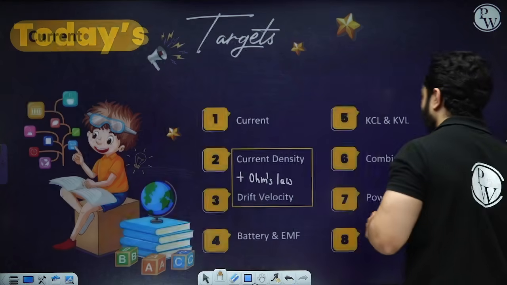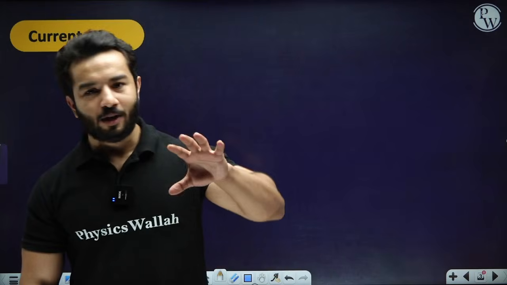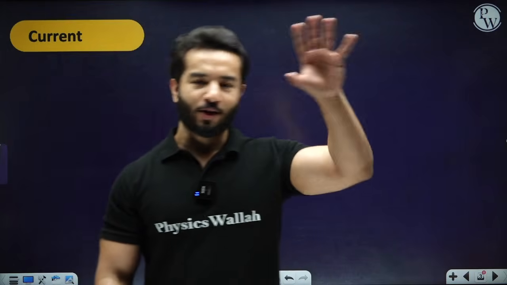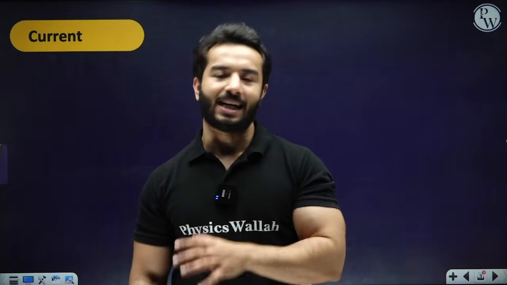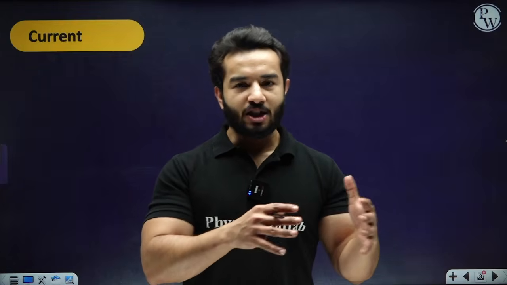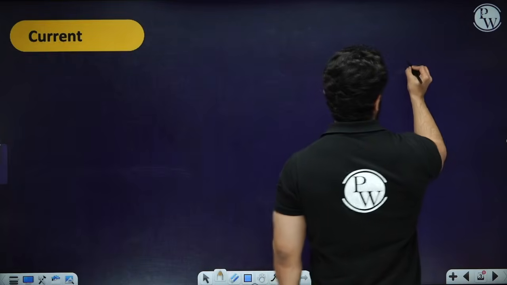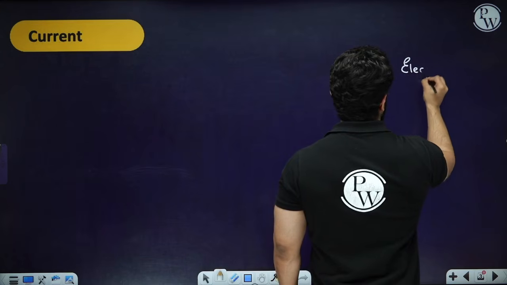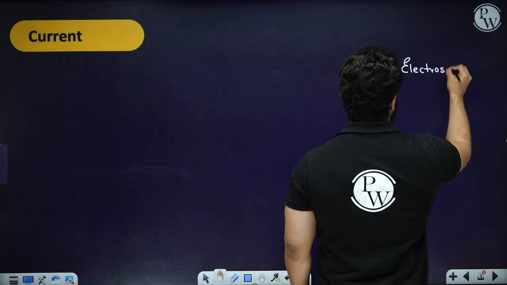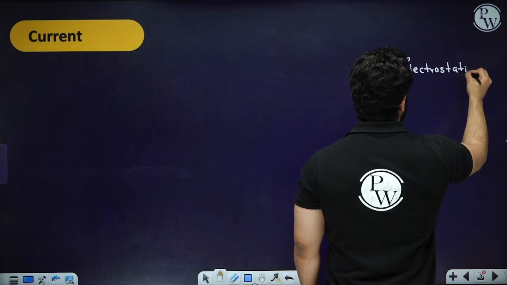Let's start with current, and let me give you a little bit of a brief revision, whatever you have been learning till current electricity. See, class 12 started with electrostatics. Is that correct? In electrostatics, we basically said that charge is not going to move.